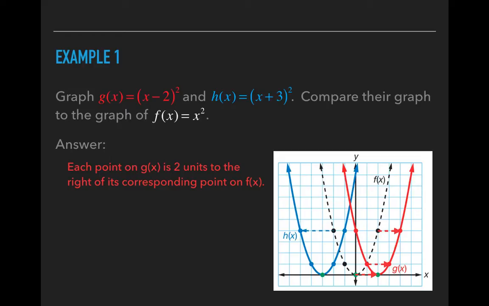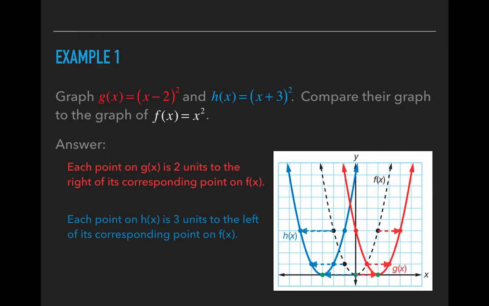Similarly, the h function, that blue function, take a look at its new vertex. It was right there, and now it has moved over 3 units to the left. Another point there moved over 3 units to the left, and 3 units to the left again.